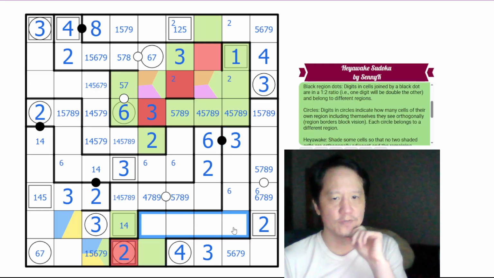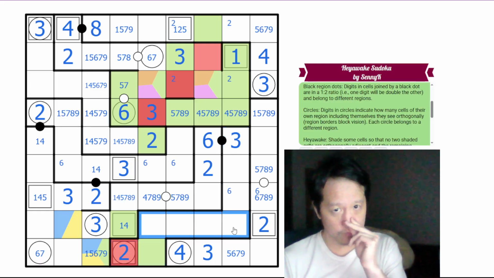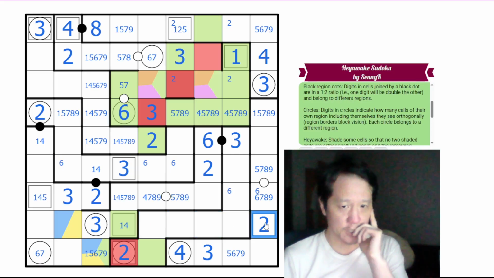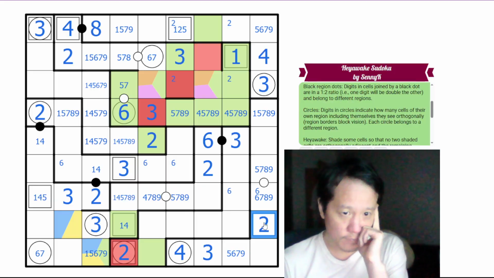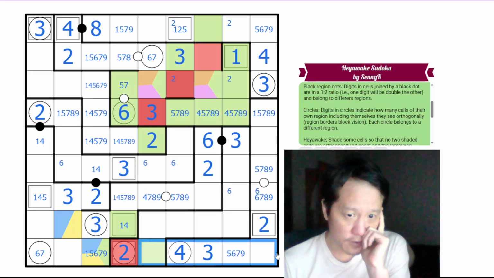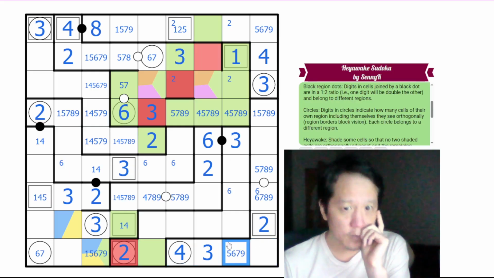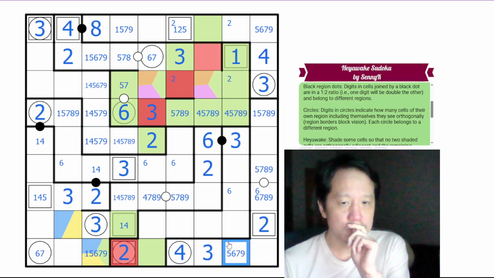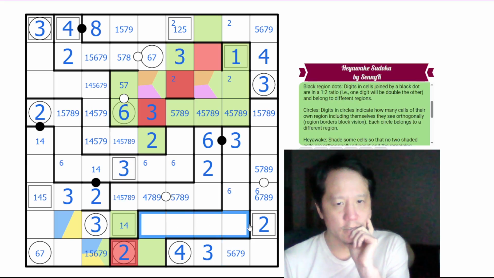So if none of these are shaded, that means this must be shaded. Oh, we have shading there. If none of these are shaded, huh.